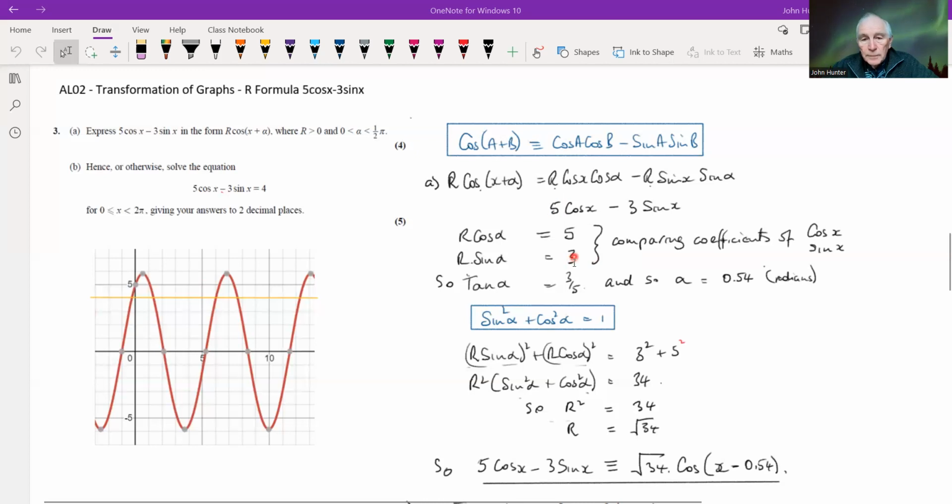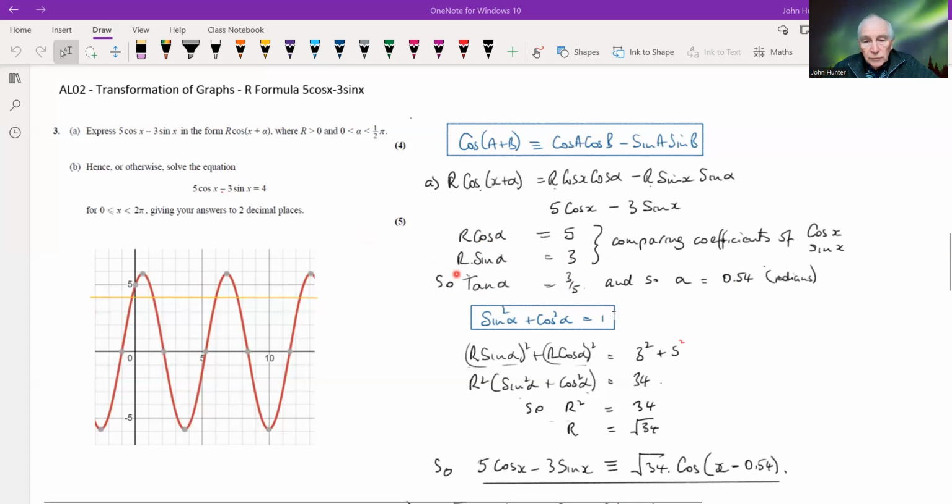Okay, so we've got r sine alpha equals 3, r cos alpha equals 5, and that gives us tan alpha is 3/5. And then if we just take the arctan, we're going to find that alpha is therefore 0.54 radians.